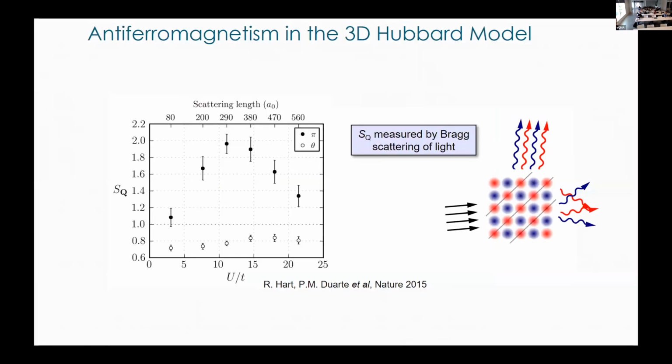All right, so let's cut right to the chase. This is the results of an experiment where we measure the static structure factor by doing light scattering. And we do the light scattering in such a way that the scattering is spin sensitive.